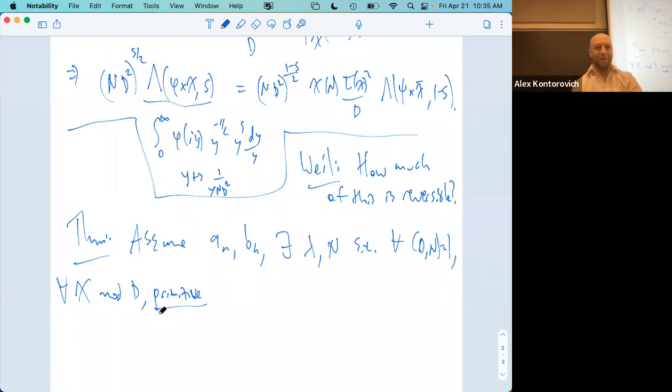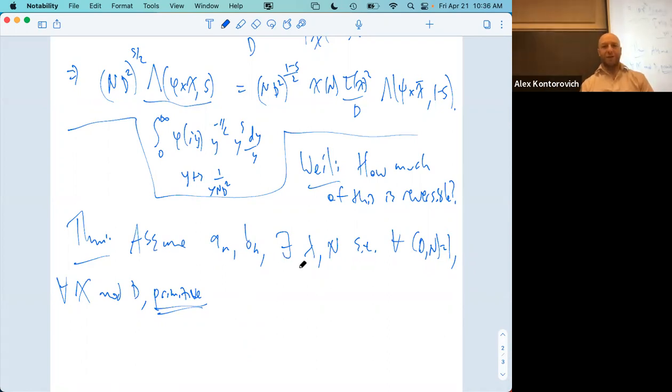This is going to be the crucial thing that makes this theorem hard. We're doing things with Gauss sums along the way, right? Yes. If it's not primitive, we'll get the wrong functional equation, the wrong terms here.